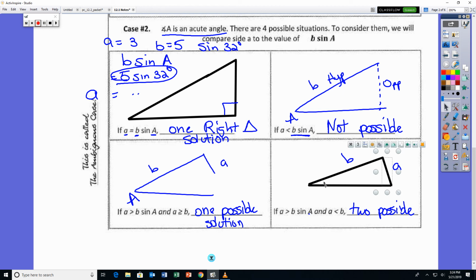However, I'm not changing this angle A, but I could rotate this and move it over, and it is possible to tweak it a little and create a completely different triangle where A has the same angle, B and A have the same length, but it's now a different triangle. So C over here would be a different length, and this angle up here for capital C would be different. So these are your situations. This is only going to help you know how many solutions you're trying to calculate.